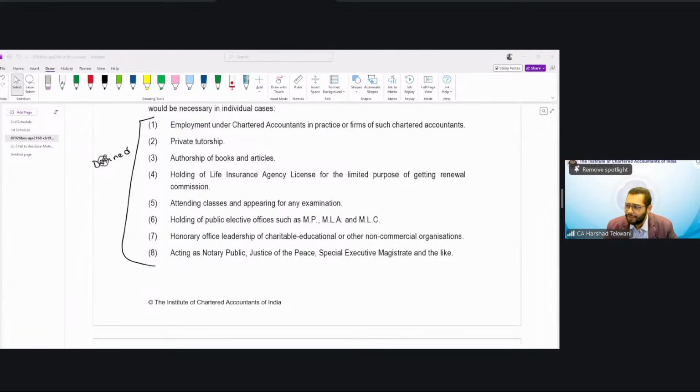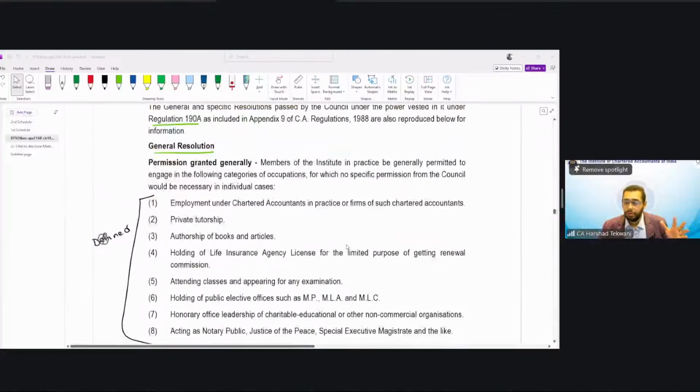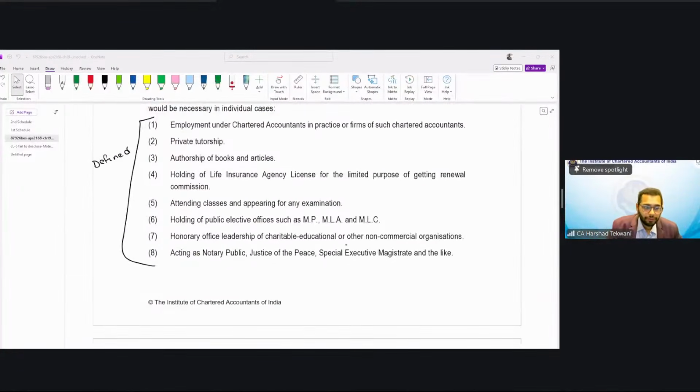This is exhaustive, fully comprehensive, considering all the elements of the general resolution. It is defined and exhaustive in nature.